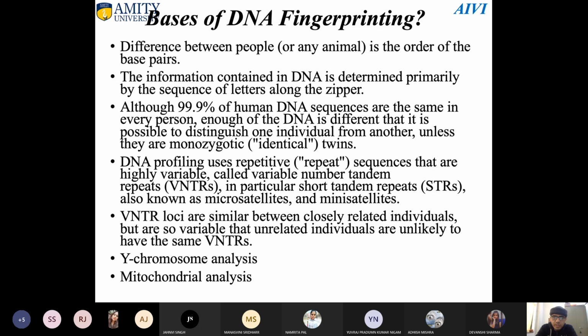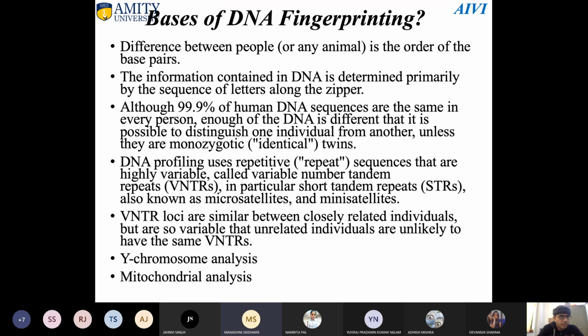So if I ask you a simple question, now that you are advanced in your course, can you tell me the size of your genome? I will give a simple calculation. Can anybody tell me the size of the human genome? Yes, Manaswini?